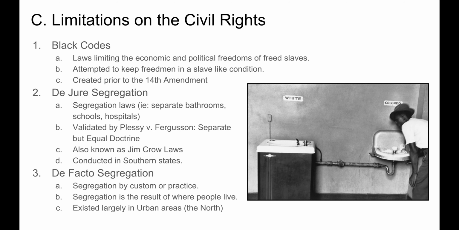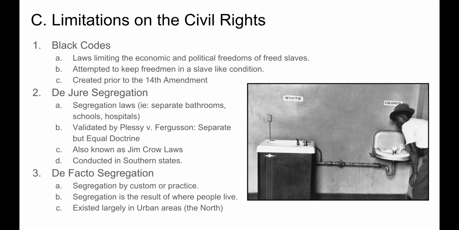These were banned essentially through the passage of the 14th Amendment. So these didn't last very long, but it just kind of shows you what these southern states started trying to do immediately following the Civil War and continue to do with Jim Crow laws and voting restriction laws.